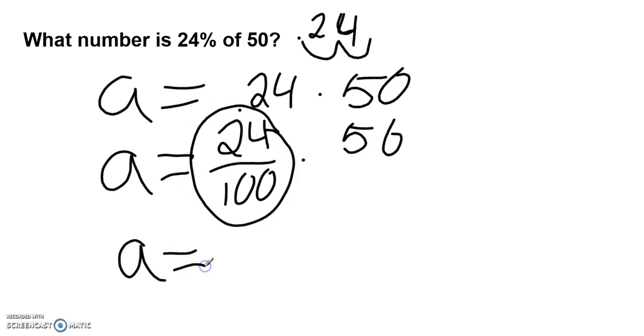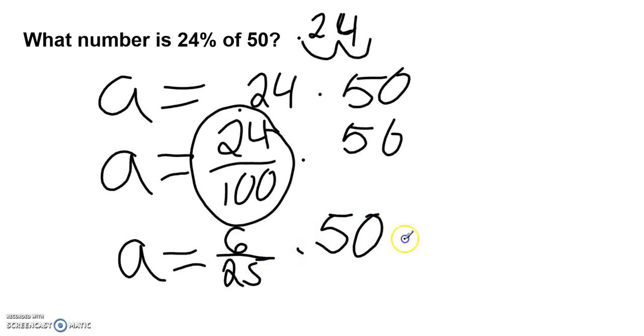A equals, so divide by 4, we have 6 over 25 times 50. This makes it easier for me to do.